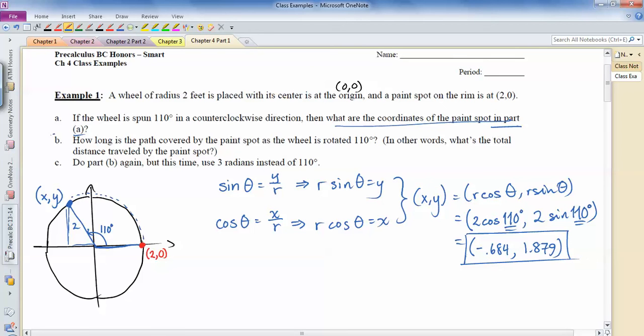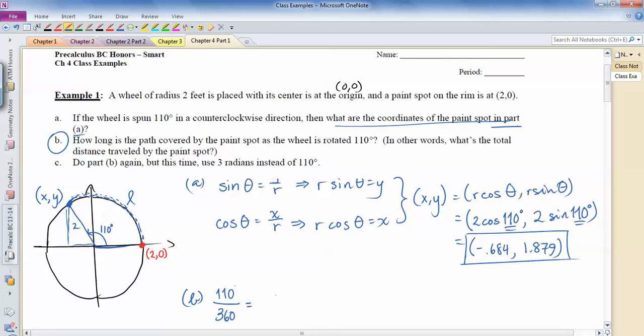The next part, B, says, how long is the path covered by the paint spot as the wheel is rotated? In other words, I'm asking how long is this dotted line that traces out the path of the paint spot. If I call that L, then we can set up a proportion. So here's part A. Part B, if I say the angle that I carved out was 110 degrees, and that was out of 360 total degrees, that's the percentage of the circle that I've rotated by.